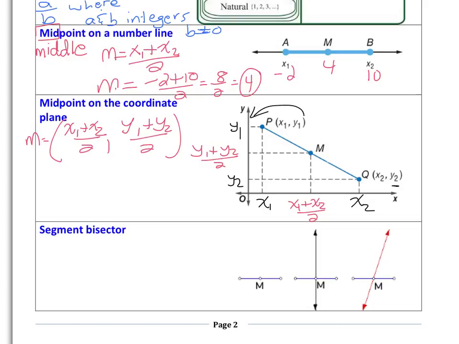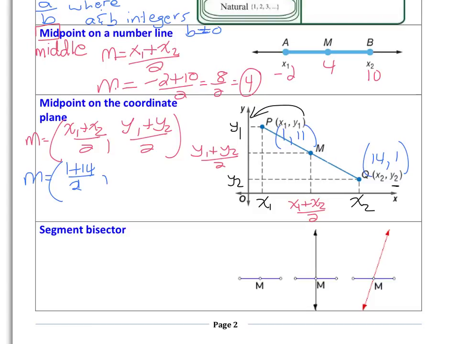And so let's throw some numbers at it. Let's say P is located at 1, 11, and let's say that point Q is located, I don't know, maybe 14, 1. So we have a midpoint in the x dimension. We have 1 plus 14 divided by 2.